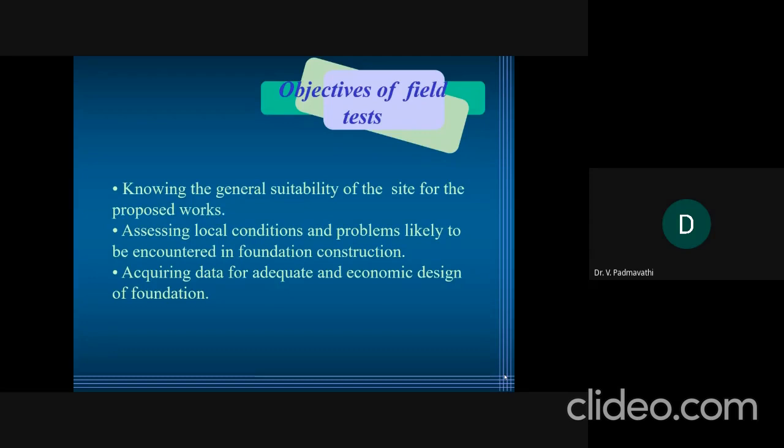Then, assessing local conditions and problems likely to be encountered in the foundation construction. Whenever you are going for foundation construction, is there any local problem? Suppose you are going for 2 cellars or 3 cellars for the construction of the building. Whenever you excavate the soil, some soil may fall, and you may not be able to cut the soil in the vertical direction.